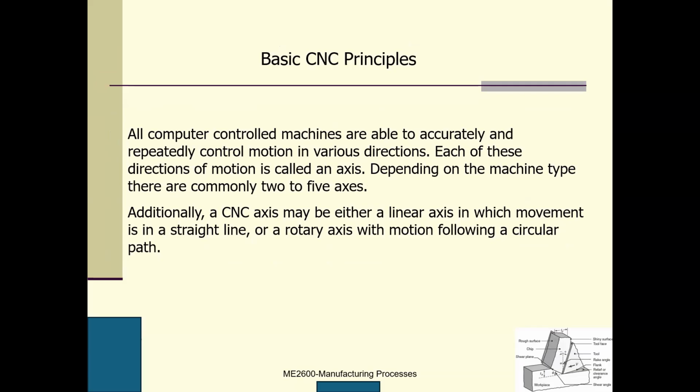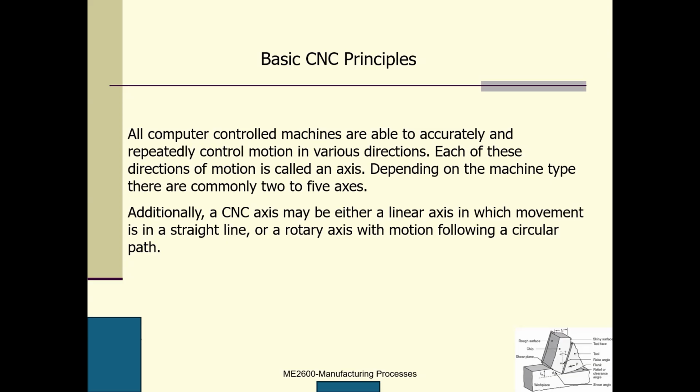We want to minimize the involvement of people to maintain a high level of consistency and repeatability. Each of these directions of motion is called an axis, multiple axes. Depending on the machine type, there are commonly 2 to 5 axes. And a 5-axis machine is a very, very highly sophisticated machine.